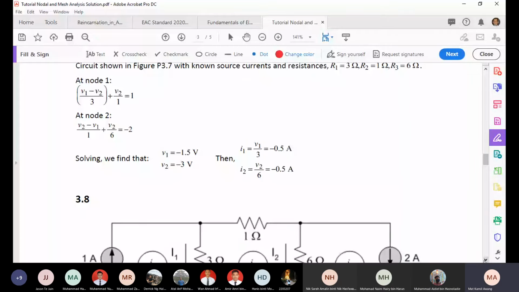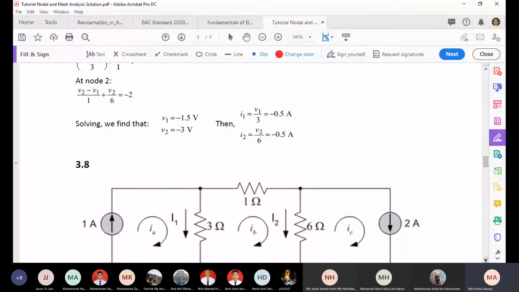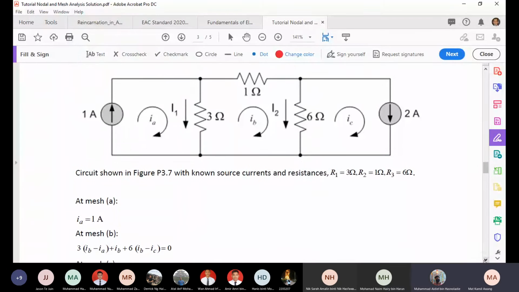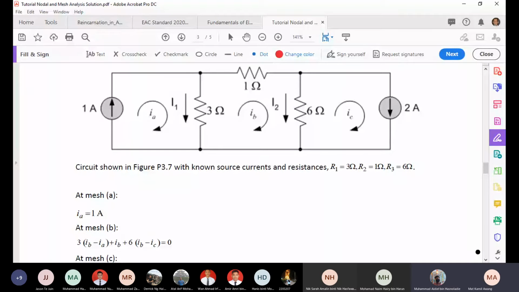The same question you need to solve using mesh analysis. For mesh analysis, you have 3 meshes: IA, IB, IC.